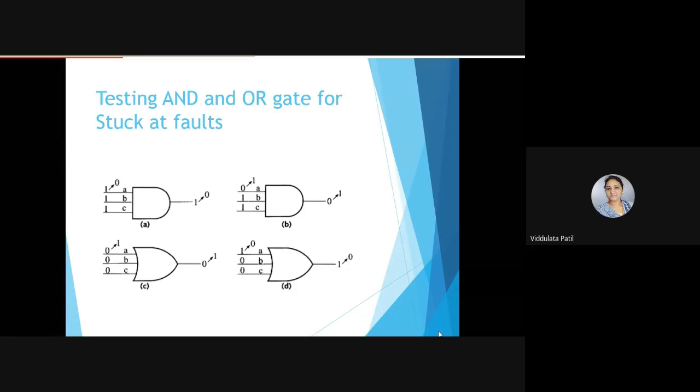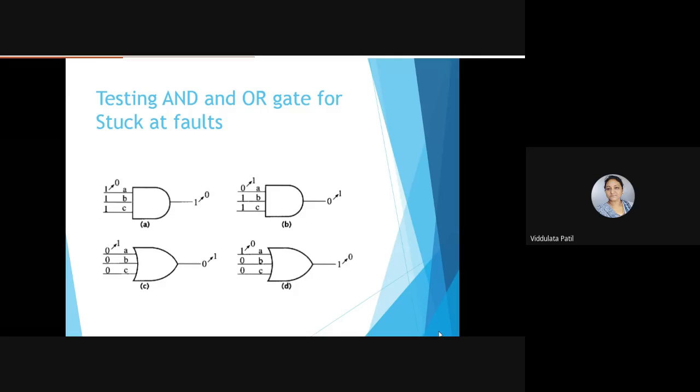But if it gives a 0 output, which is a wrong output, then we can say that the gate is faulty and one of its terminals is connected at 0 logic level, that means it is stuck at 0. Or if we give the input 0, 1, 1, and the wire is stuck at 1, then the output should be 0 in good condition.